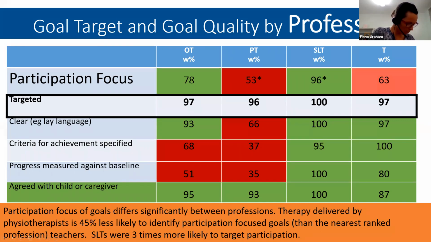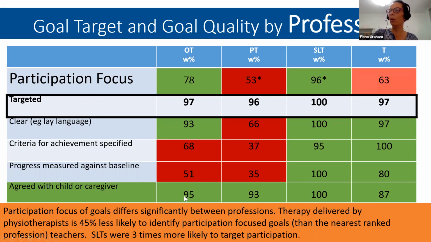I was quite intrigued that physios did not score particularly highly on the specific measurement type questions, that they're clearly worded and clearly measured against something, because I always find physios are generally very, very good at specific measurement, but that didn't come through here.